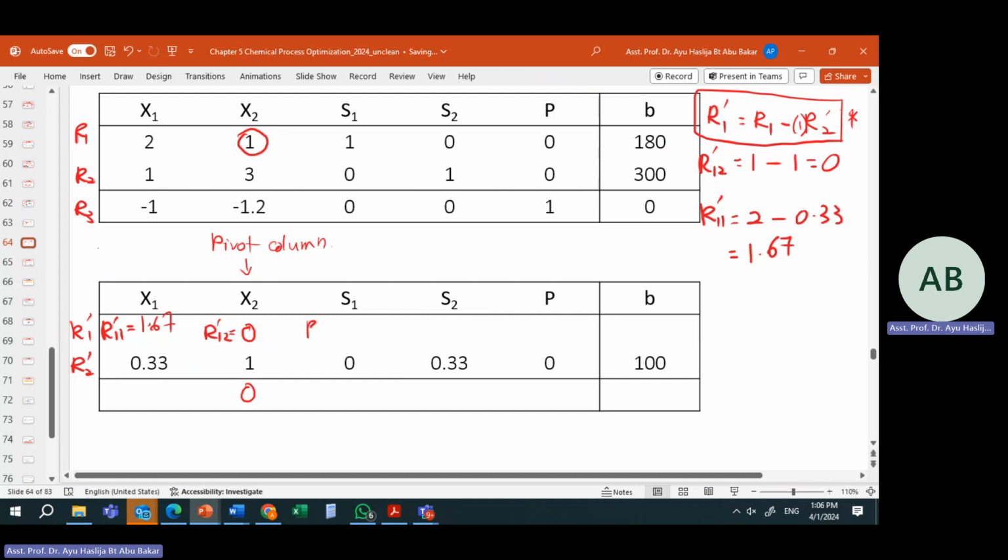Now, how about R prime 1,3? Using the same factor, R1 column 3, which is 1, minus 0 equals 1.